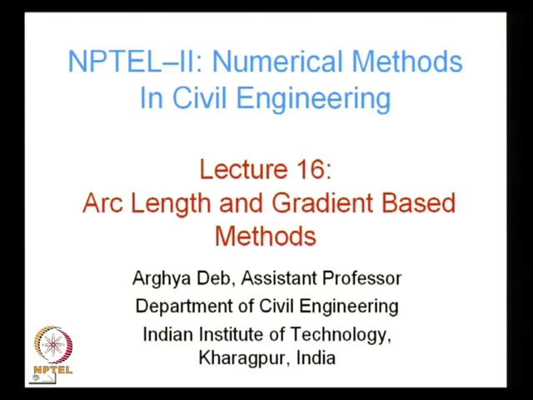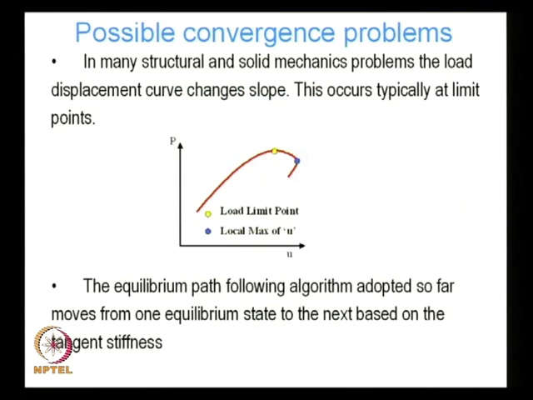Lecture 16 of our series on numerical methods in civil engineering, we are going to talk about arc length and gradient based methods. If you recall, in our last two lectures, we looked at various methods for solving nonlinear equations, first the most well known method, the Newton-Raphson method, then variations such as modified Newton, and finally quasi-Newton.